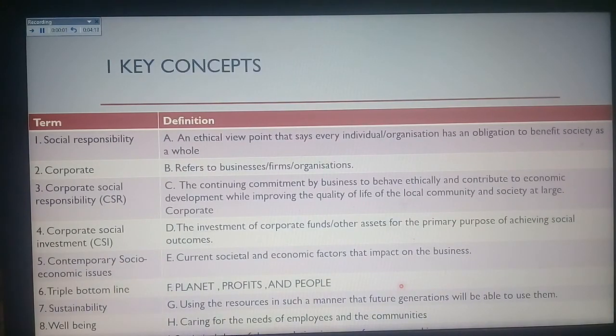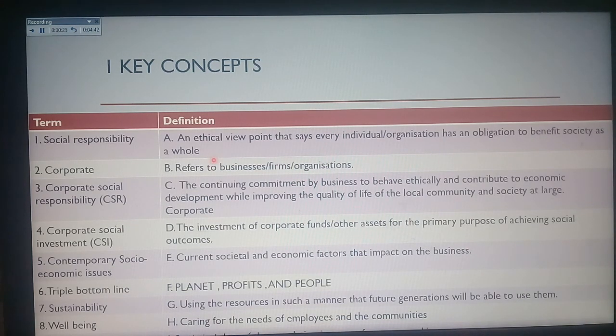These are very important concepts that you need to know in order to master this chapter. Social responsibility. What is social responsibility? We are referring to an ethical point of view that every individual and organization has an obligation to benefit the society as a whole.